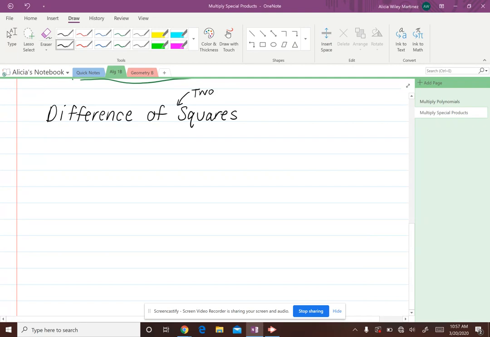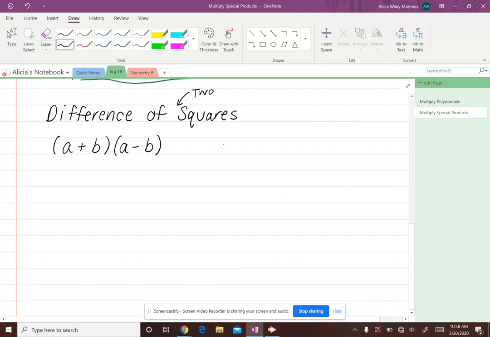A difference of two squares generally looks like this. In its factored form, it's going to look like this. The way you can identify a difference of two squares in the factored form, which is what we have right here, is that the binomials look the same. The only thing that's different is the sign in the middle.